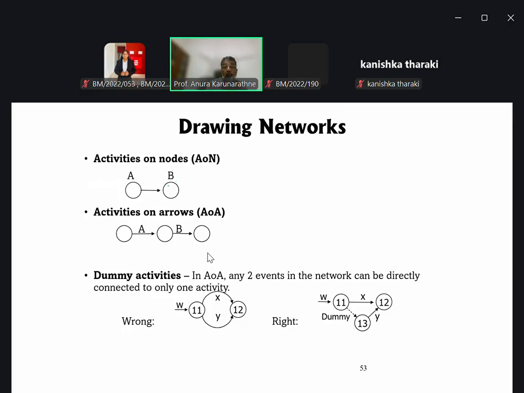right? Another important point here, normally when we are drawing this AOA method, we have to have this kind of activity, right? Activity on arrows.